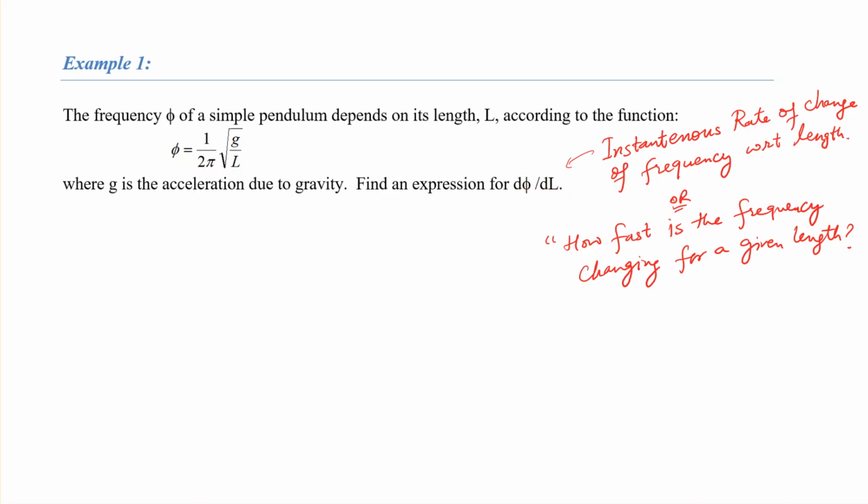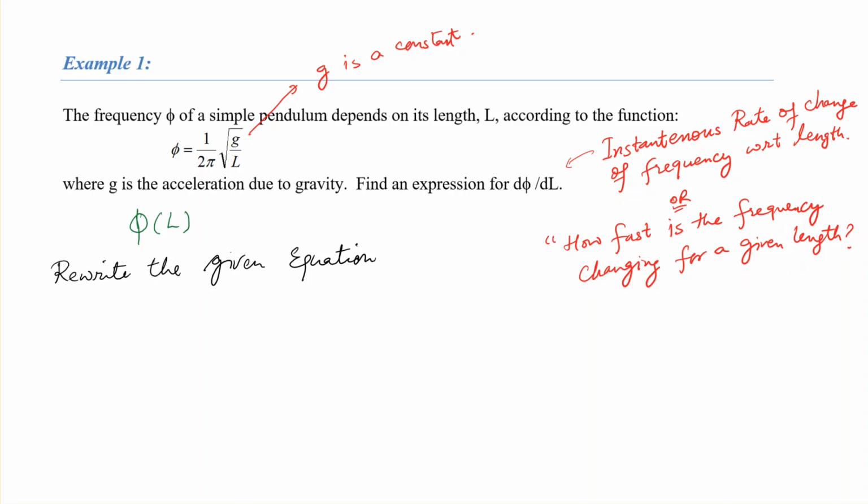In order to find this, we need to analyze the equation first. You will notice that g is the acceleration due to gravity, so g is a constant, and also 2 pi is a constant. So that means the frequency is dependent on L, so phi is a function of length.